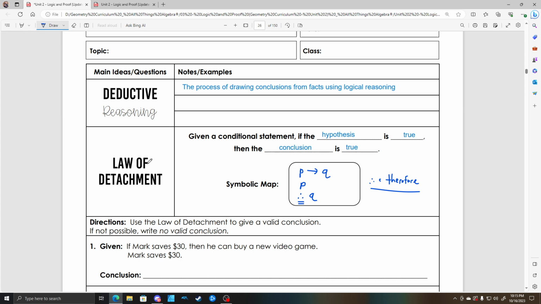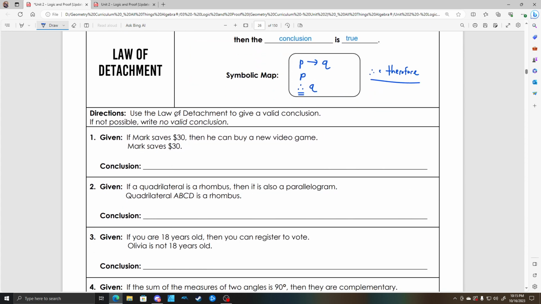Let's go ahead and do an example here. Use the law of detachment to give a valid conclusion. If not possible, write no valid conclusion. Given: if Mark saves $30, then he can buy a new video game. Mark saves $30. So we say if P, then Q, and then P, therefore Q. So we can conclude that he can buy a new video game.